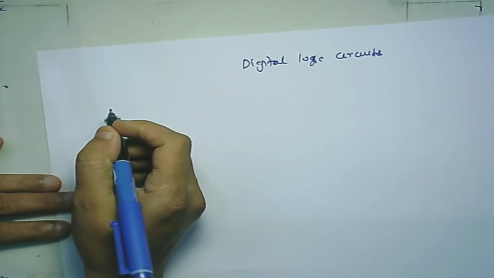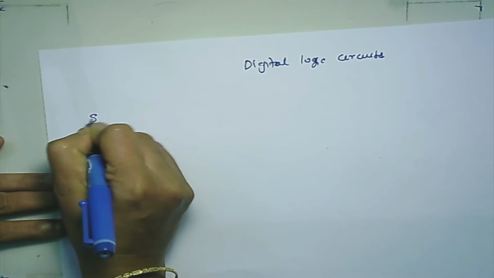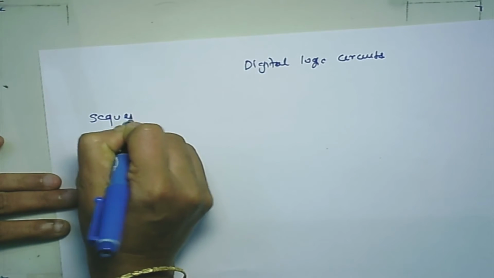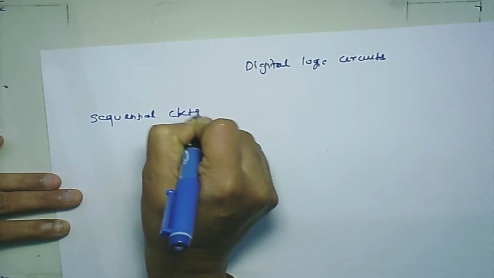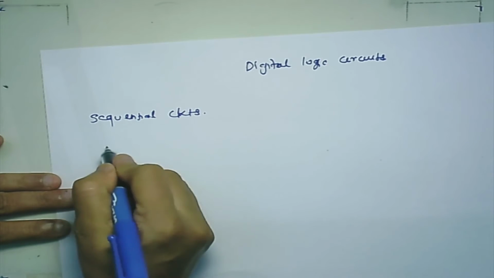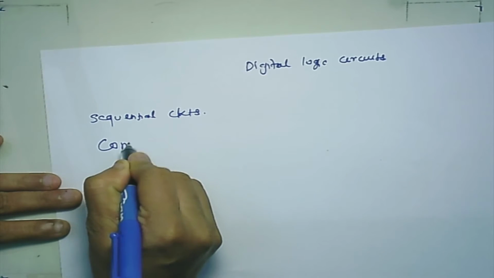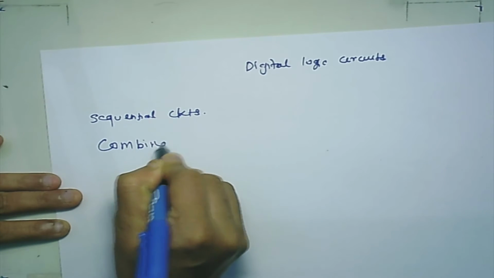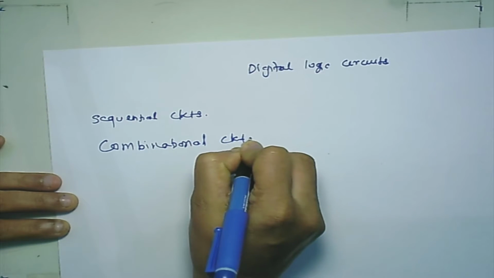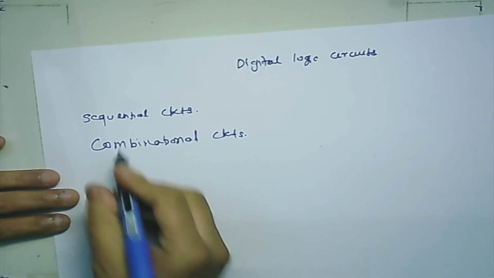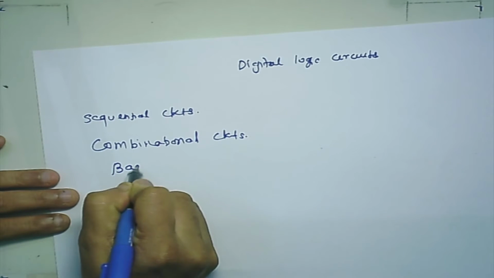When I talk about a digital logic circuit, the key ideas will be, one of them is sequential circuits, then there can be combinational circuits, then we can write basic gates.